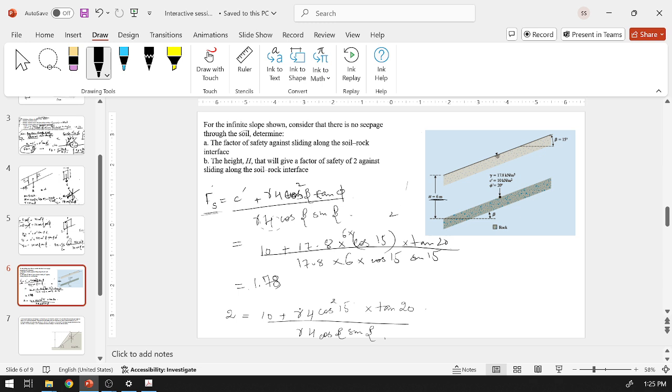Gamma is 17.8. So we will have 17.8 into 2 into cos 15 into sin 15.